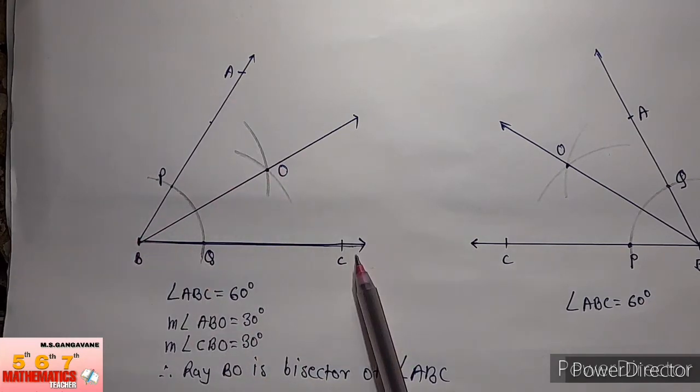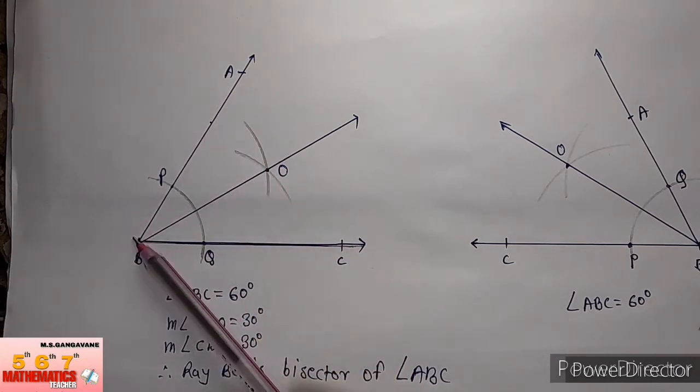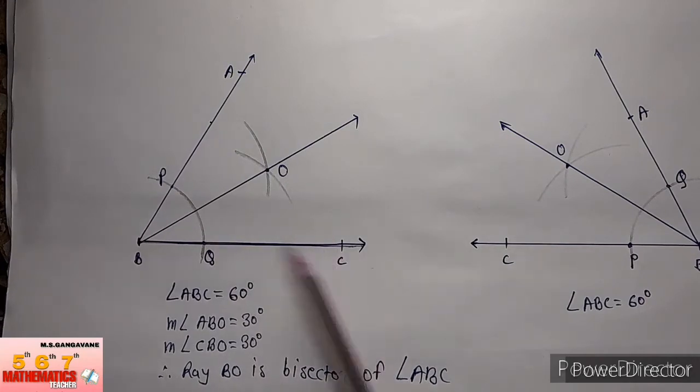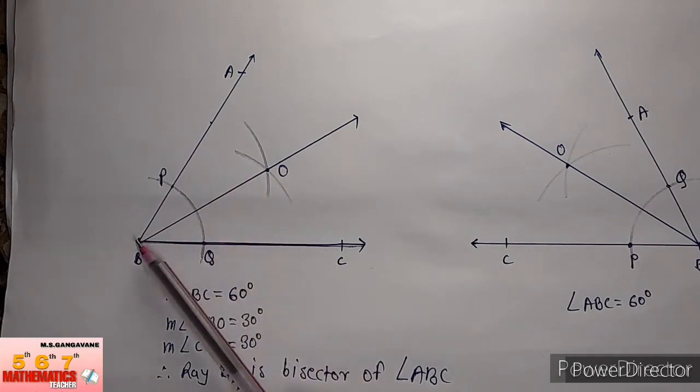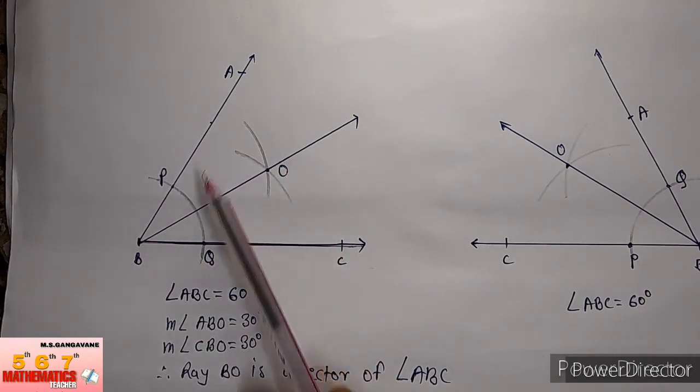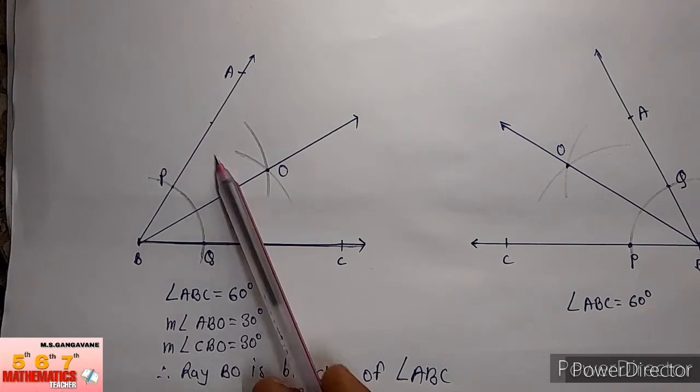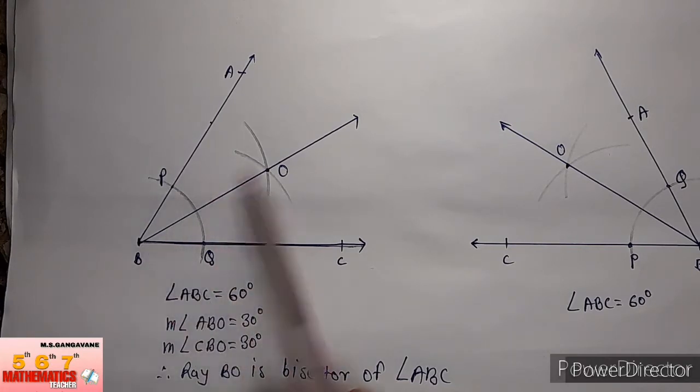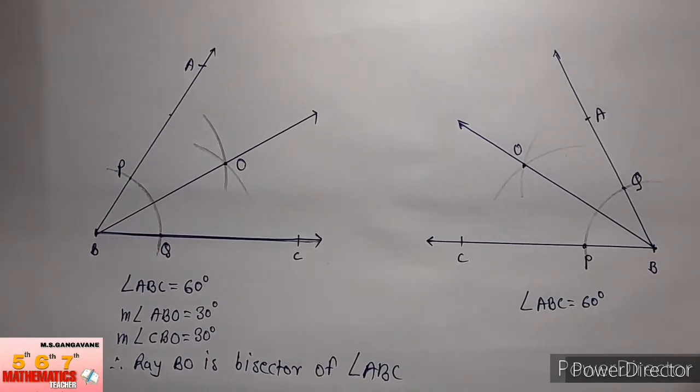Actually ABC is 60 degree. ABO 30 degree, CBO 30 degree. This line divided the angle into two equal parts, so it is called bisector. Do you understand?